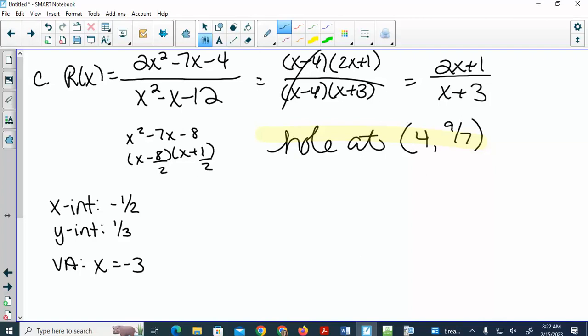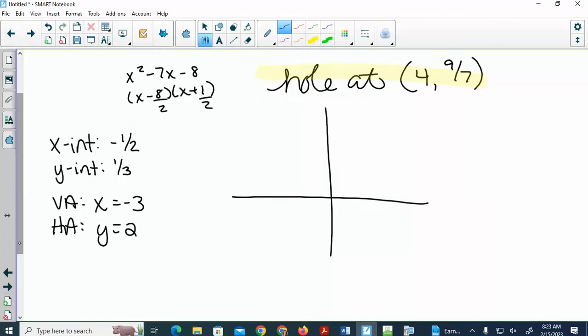Horizontal or oblique, what's the degree on top? You can base it off the original or the reduced. The degree of the original was 2 on top and 2 on the bottom, so that's the same. So then, if it's the same degree, you divide leading coefficients. So 2 over 1 is 2. Okay. So, x-intercept at -1/2.